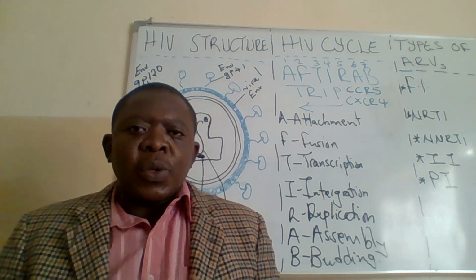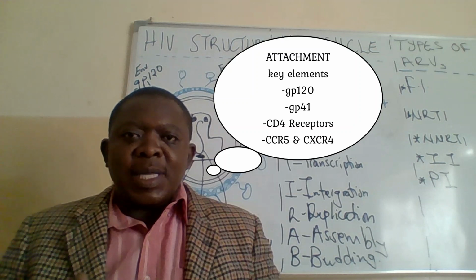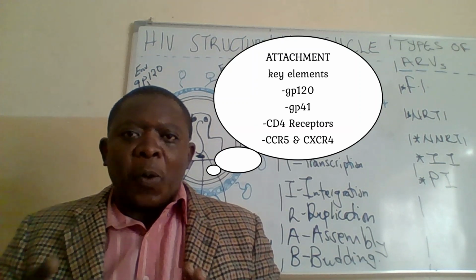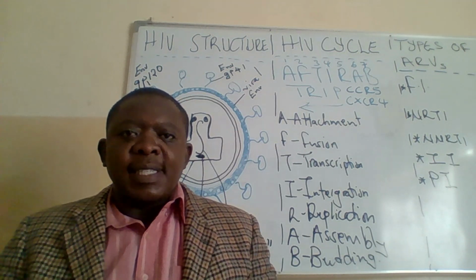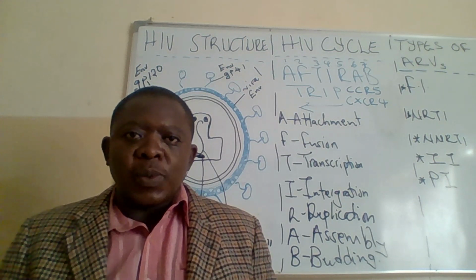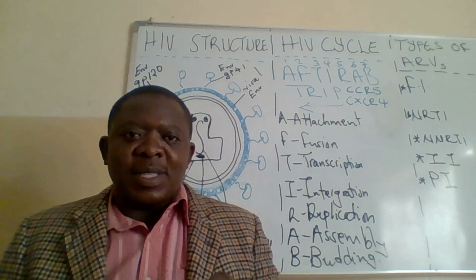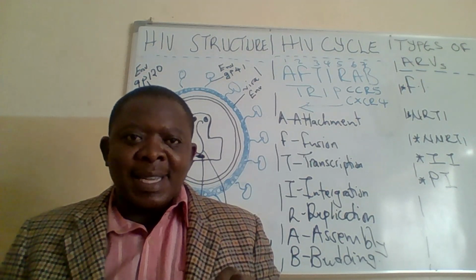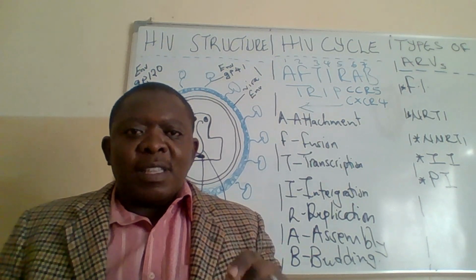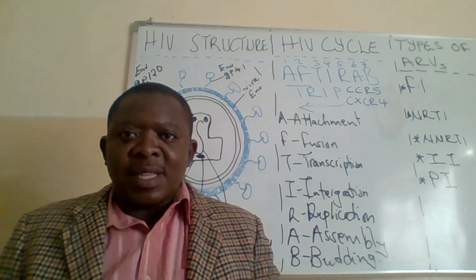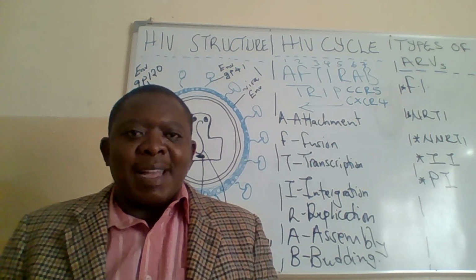A is attachment. When you're talking about attachment within the life cycle, the GP 120 and GP 41 play a role in that they come in contact with cells that have CD4 receptors. Cells that have CD4 receptors also have core receptors, which we are calling the CCR5 and the CXCR4. Those are HIV core receptors.